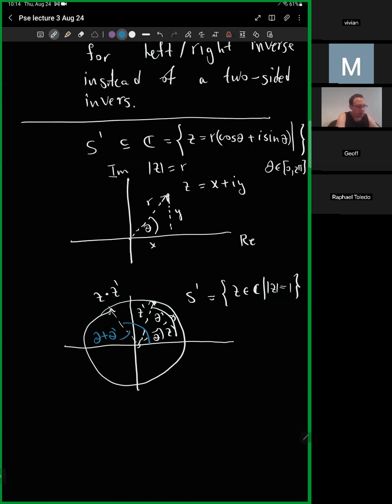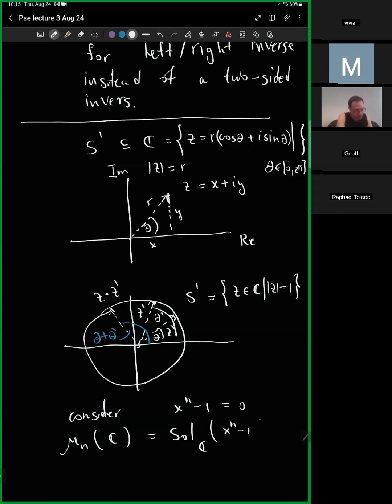Now, let's consider the equation x to the n minus 1 equal to 0. I define mu n of C to be the solution set over the complex numbers to this polynomial x^n minus 1.